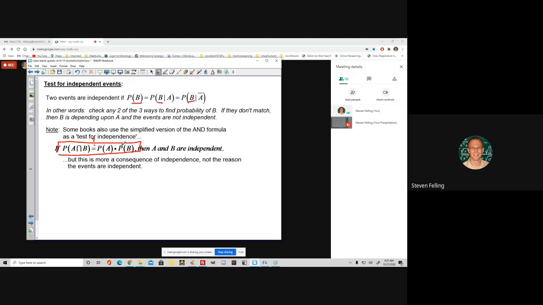So if you are really great at recalling your probability lessons from earlier, like in Algebra 2 or Honors Algebra 2, they probably said this is the test for independence, right? And that's the reason why. But to me, it's more of a consequence of independence. What really makes something independent conceptually is that the probability of one of the events is not changing, regardless of if I consider the other event.